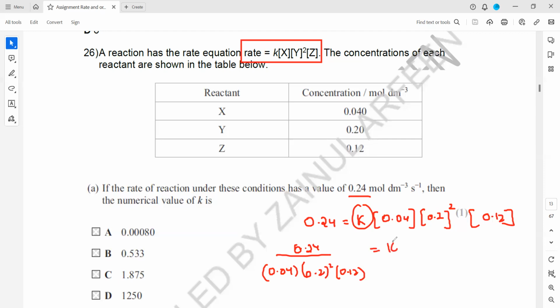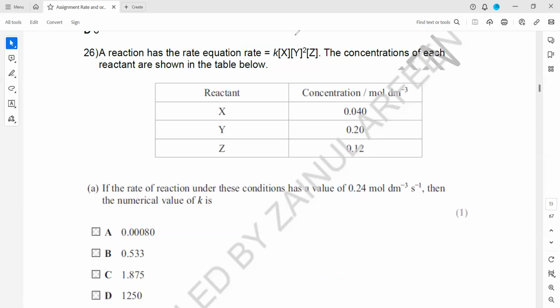When we multiply all of them, we'll get the value for K. So what's the answer for this? It is 1,250. So that's option D. So D is the right answer.